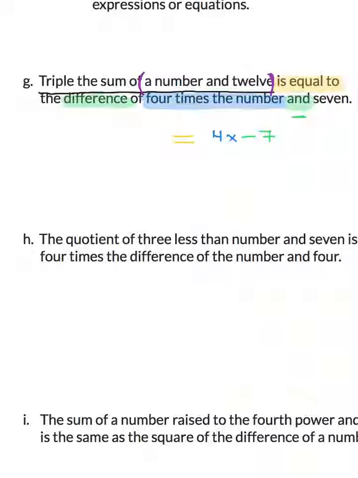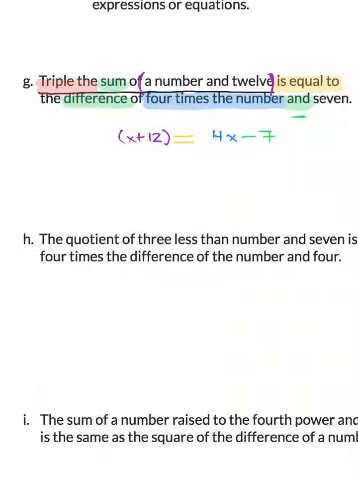Now sum is one of those phrases that means add. So we're going to have, inside parentheses, x plus 12. I want triple that, and so triple that means I want to multiply that whole thing by 3.